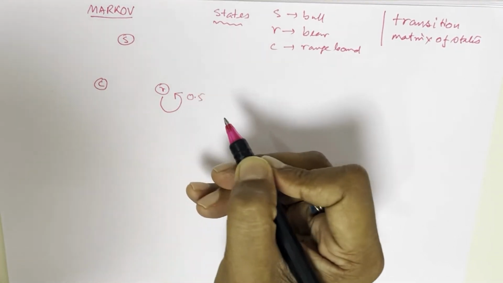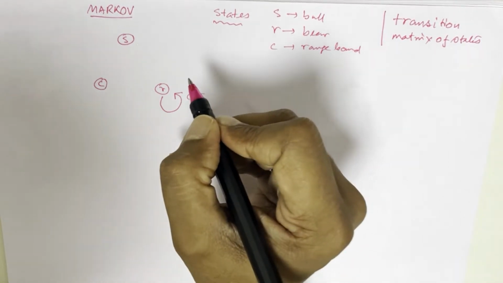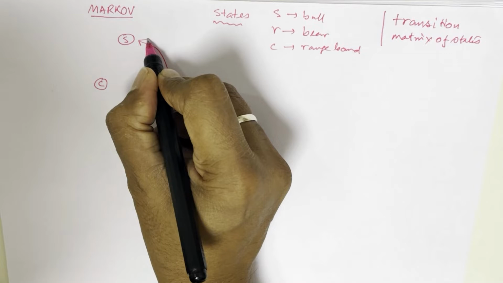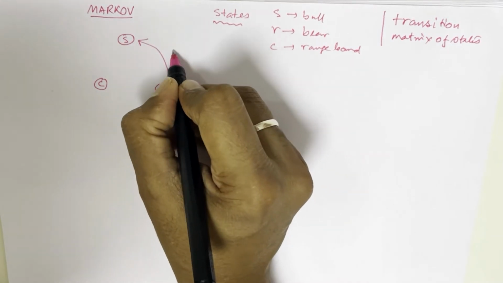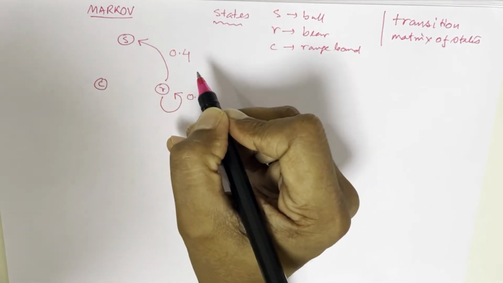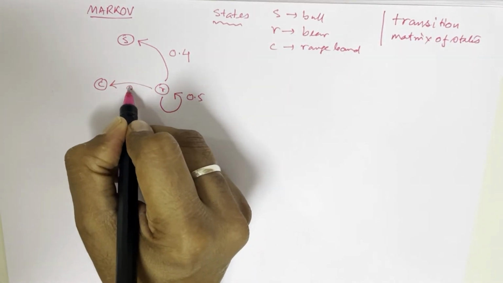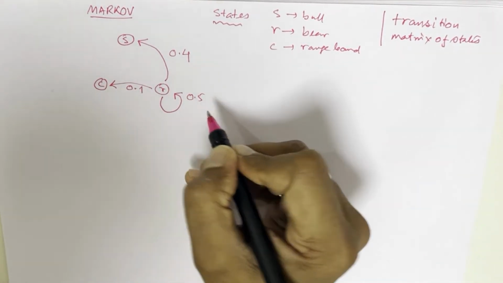I will tell the meanings later. Kindly watch now, then I will tell the meanings in some time. R to S the probability is 0.4 and R to C the probability is 0.1. Therefore the total probability is 1.